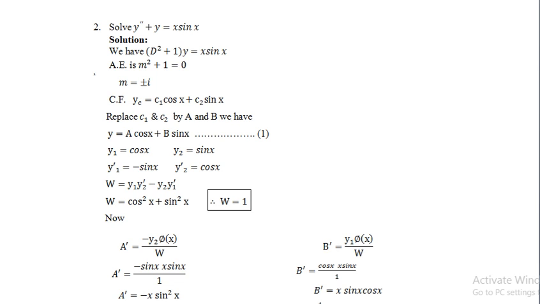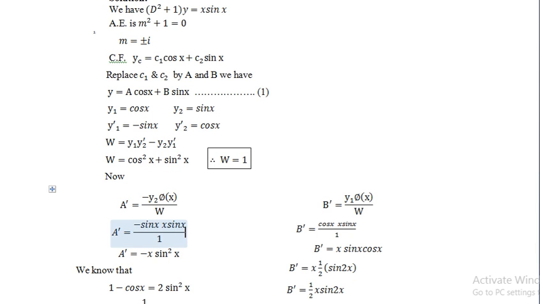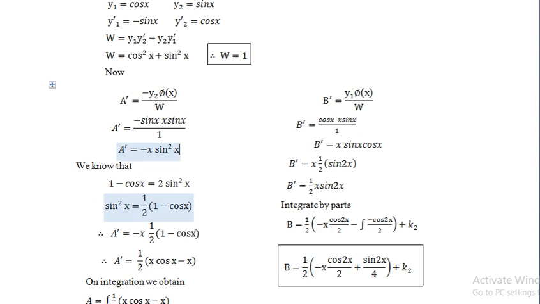So now we are calculating a dash and b dash. So a dash is minus y2 phi of x by w. Our y2 value is sin x, so minus sin x, and phi of x is x sin x, and the whole divided by 1, and x into sin x is x sin square x here, and we know that the formula for sin square x, that is 1 minus cos 2x is 2 sin square x, or sin square x equal to 1 by 2 times 1 minus cos 2x here.